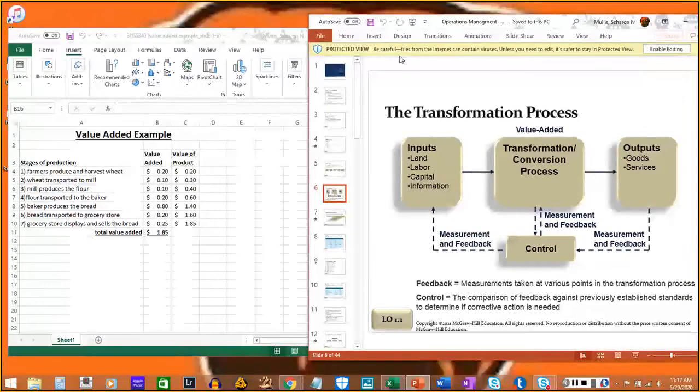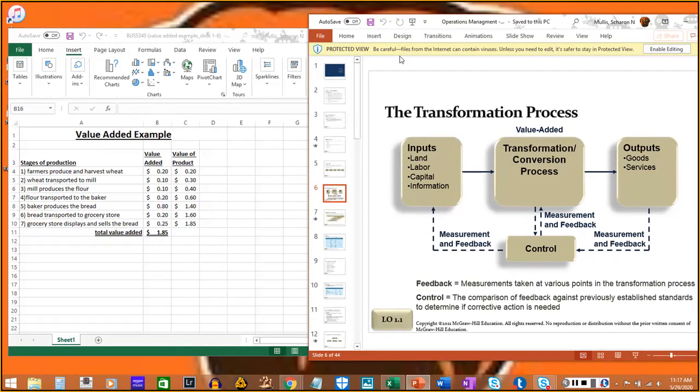So throughout the transformation process, there's always going to be feedback, which is a measurement taken in the transformation process, and then there will be controls. Based off of the feedback, there will be some changes made or some things that happen. So an example that I have is bread, the process of making bread.